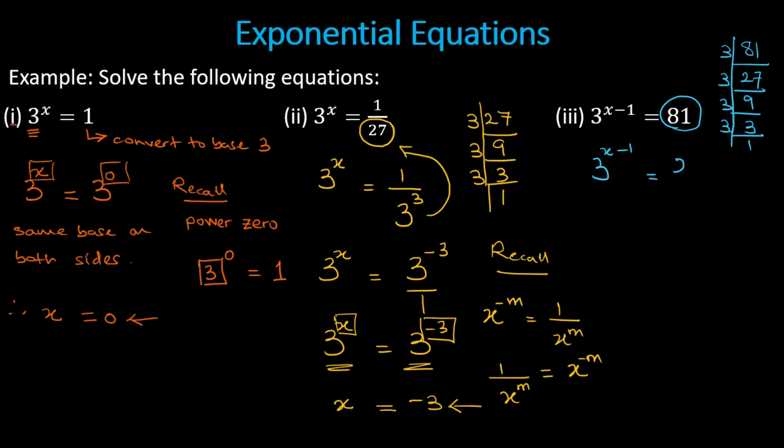So 81 is 3 to the power of 4. Now we have the same base on both sides, so we have to equate the two powers. Therefore, x minus 1 must be equal to 4. Send the negative 1 to the right, it becomes plus 1. So x is simply 5.